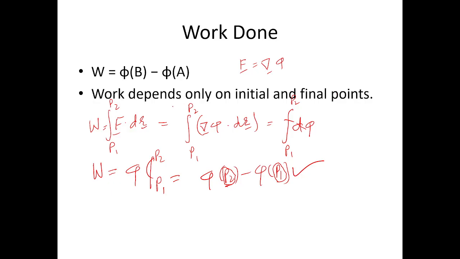So work is independent of the path if we are in a conservative field. So it becomes easier for us to find work in a conservative field because we need only 2 points between which the body is displaced.